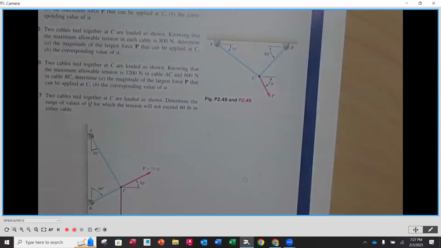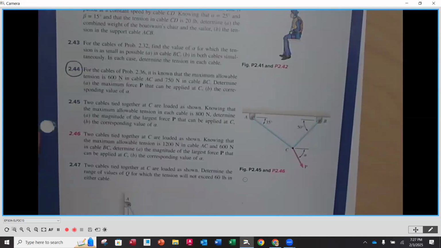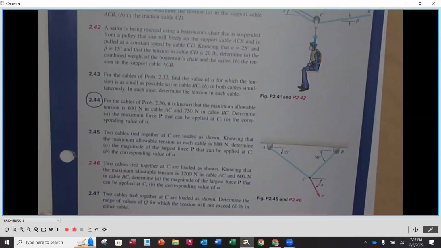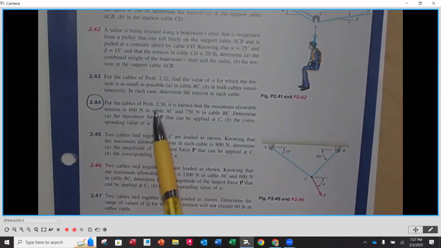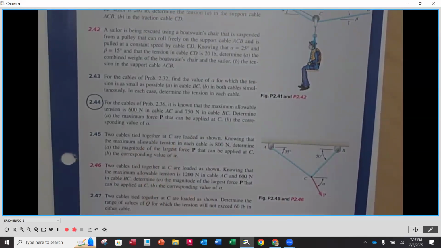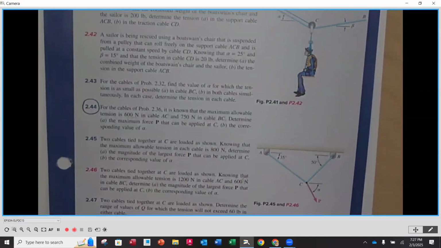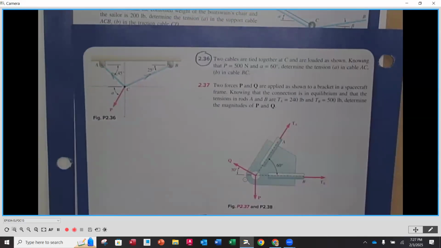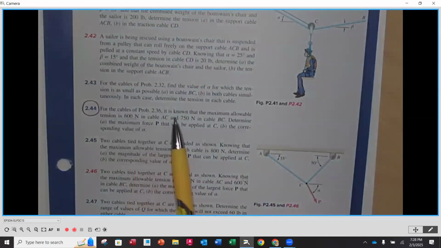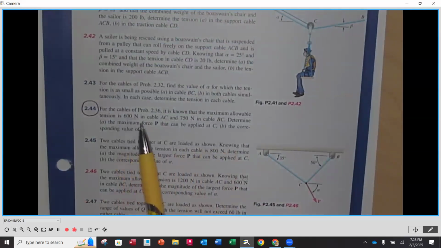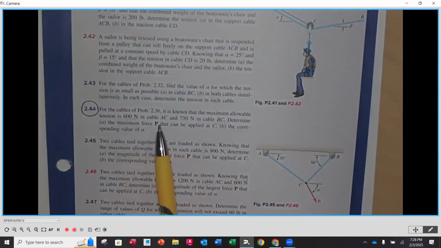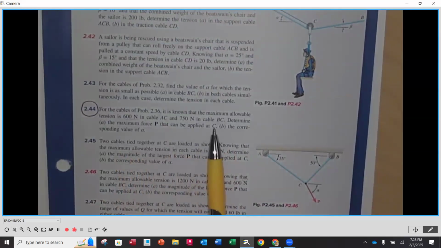Your next one is going to be 44. And it says for the cables in problem 36, up here. So we did 36, okay? It says it is known that the maximum allowable tension is 600 newtons in cable AC and 750 in BC.